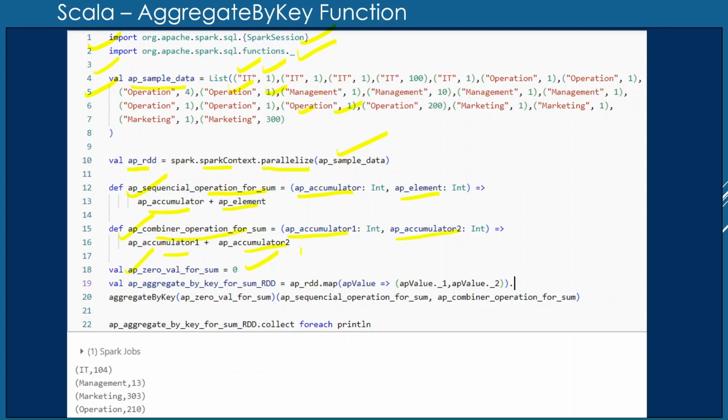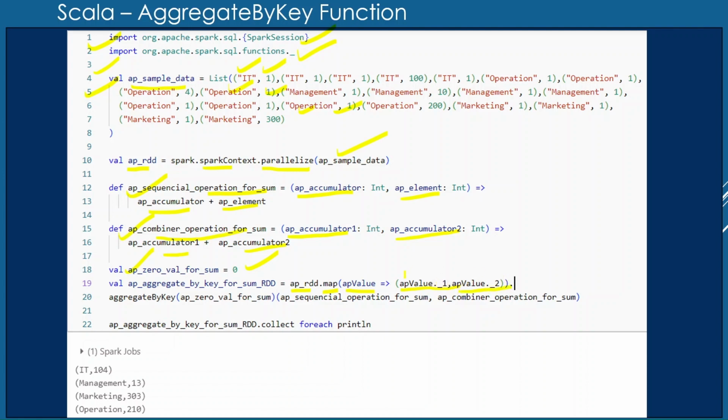Now, on top of this RDD, I am calling the map function, and in this map function I am passing these two values. I am returning by fetching the values present in underscore 1 and underscore 2.